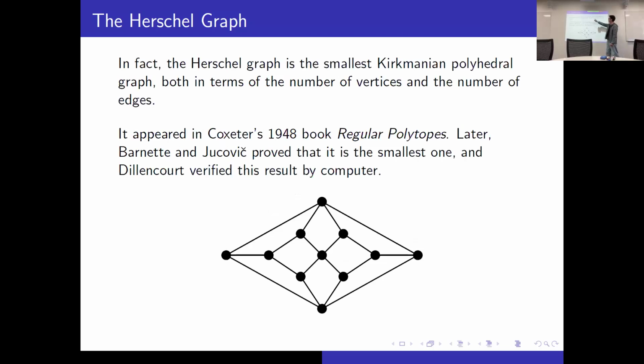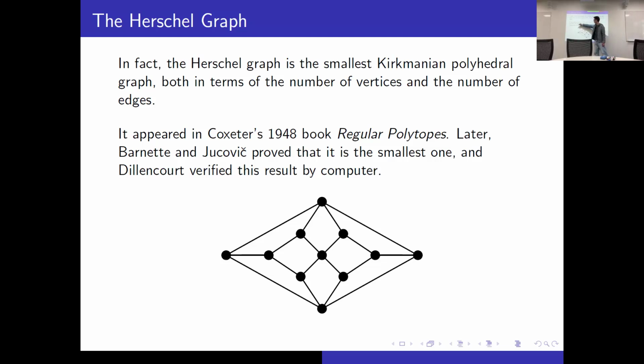Actually, the Herschel graph is the smallest non-Hamiltonian polyhedral graph in terms of both the number of vertices and the number of edges, which means we cannot find any smaller non-Hamiltonian polyhedral graph. The Herschel graph already appeared in Coxeter's book in 1948.